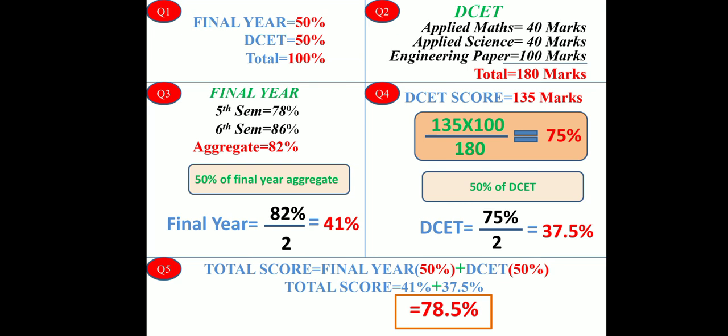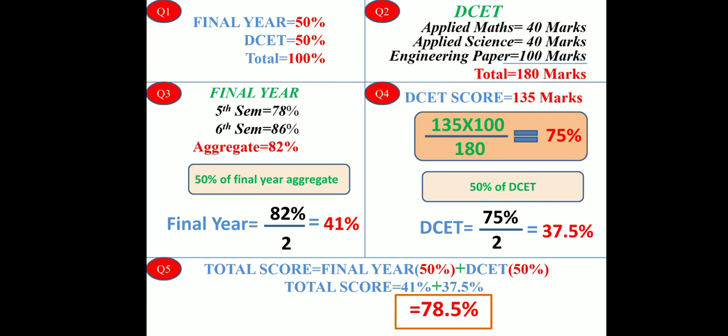For 180 marks I have scored 135 marks, and what about for 100 marks? So for that I need to convert that 135 marks to 100%. So this is the formula.